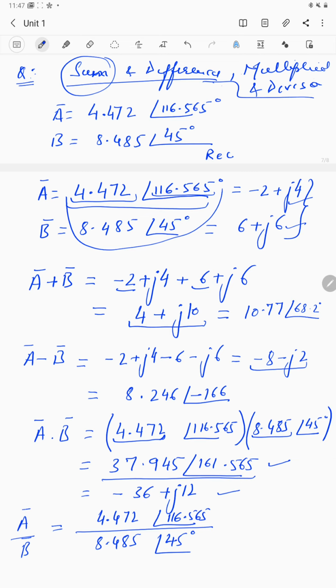For division, the angles get subtracted and the magnitudes are divided. So minus 45 degrees, and you divide the magnitudes and you will get the answer.